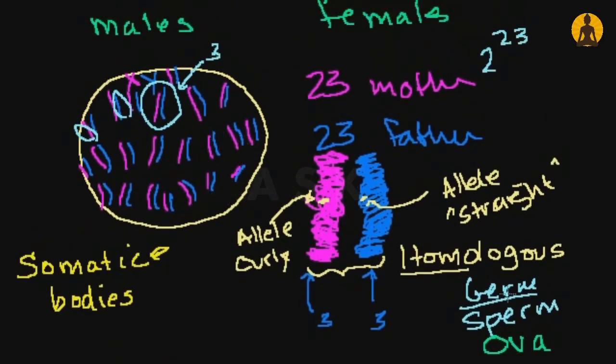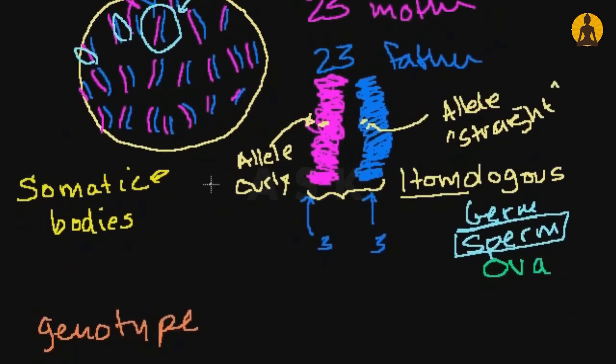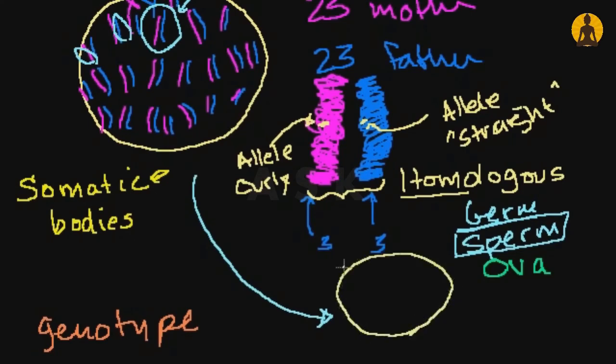When I generate my sperm cells, instead of having 23 pairs of chromosomes, in sperm you only have 23 chromosomes. So I'll take one from each of those, and through the process of meiosis, which we'll go into, I'll generate a bunch of sperm cells. Each sperm cell will have one version from each of those pairs.